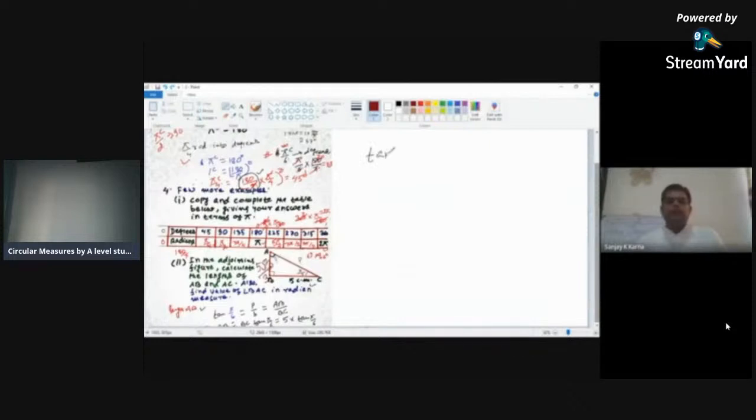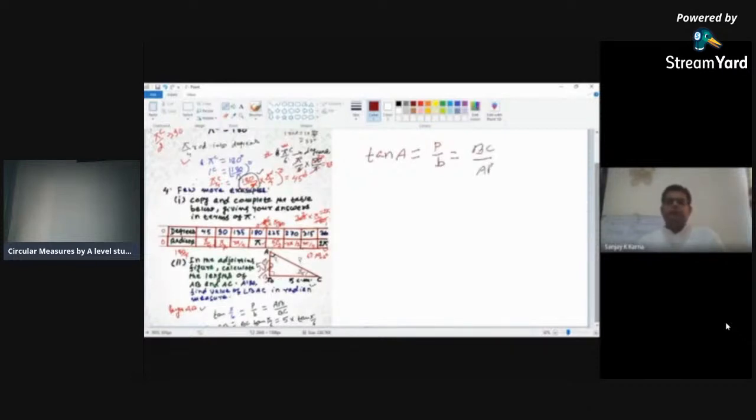So I'm using here tan A. So tan A, all of you know, is perpendicular by base again. Here that we have used it, but at this time, the positions will be different. So for angle A, the perpendicular is BC and the base is AB.